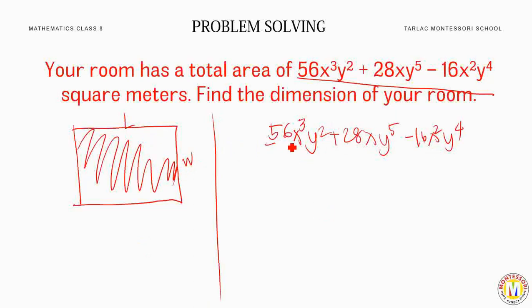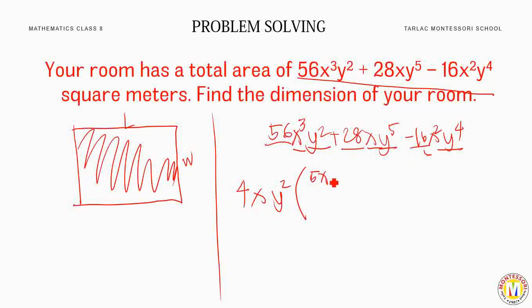So we have 56, 28, and negative 16. Their common factor would be 4. So we will move out 4. x raised to 3, x, x squared. So we'll be moving out x. y squared, y raised to 5, y raised to 4. So we'll be moving out y squared. And then we just have to divide each term.